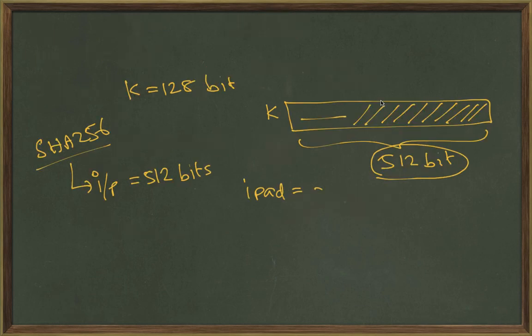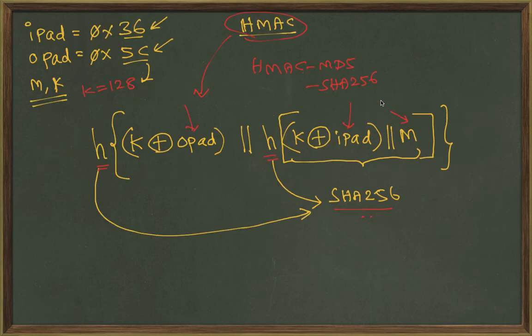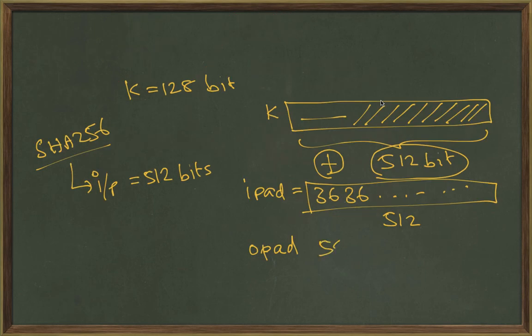So you keep repeating the 36 enough number of times so that the length becomes 512, and then you can perform an XOR. Okay. The same logic you can use for your OPAD also. For OPAD, what is the value? 5C, right? That means you can repeat 5C up to 512 bits, and then you can perform your K XOR with OPAD. So basically you have to do necessary padding before you perform the XOR operation.